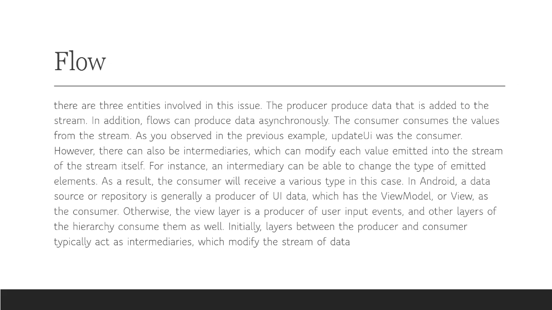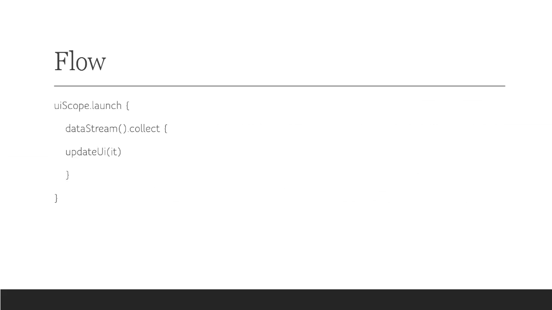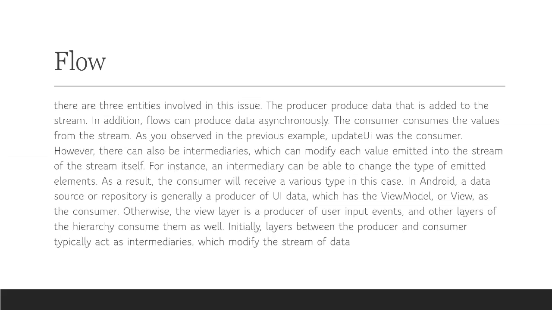As you observed in the previous examples, I showed you this updated UI with the stream. That means there can be intermediaries which can modify each value emitted into the stream, or the stream itself. So an intermediary can change the type of emitted elements.